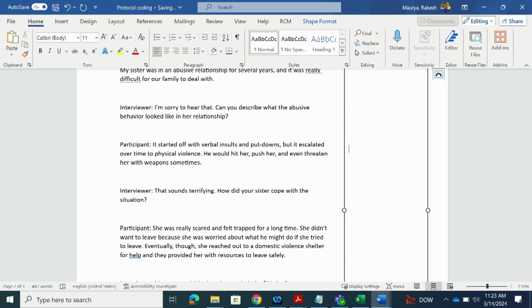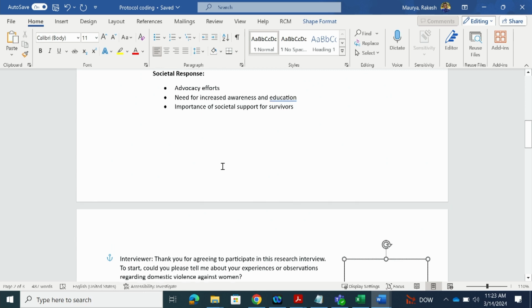Participant: It started off with verbal insults and put-downs, but it escalated over time to physical violence. He would hit her, push her, and even threaten her with weapons sometimes. So now, if you look at the coding framework, let's go back here.